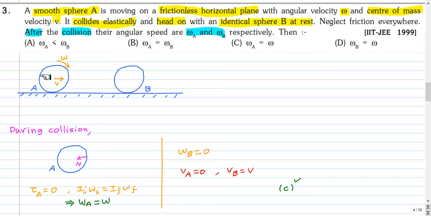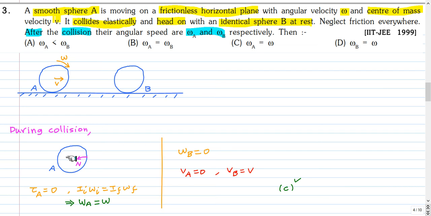So this is sphere A having a translation velocity v and rotation angular speed omega. It moves and collides with the identical sphere B, which is at rest initially. During collision there will be a contact force at this contact point, but this contact force will pass through the center of the sphere. So about the center of the sphere there is no external torque acting during the collision.